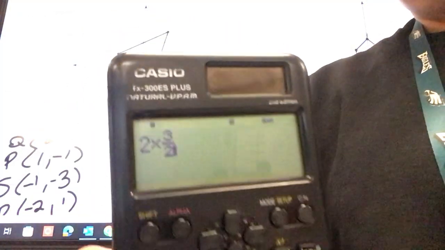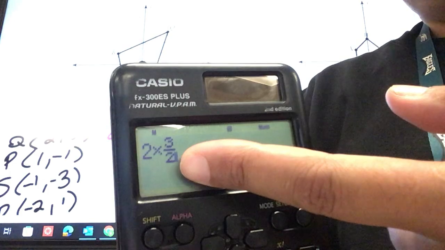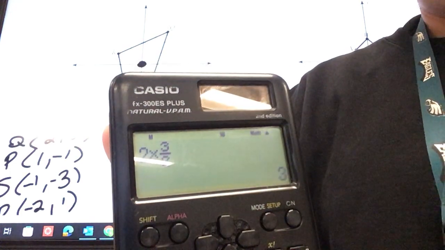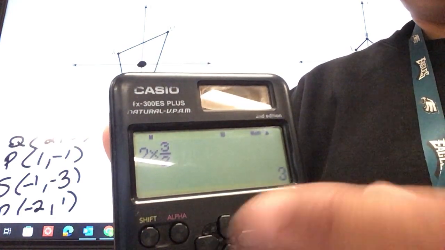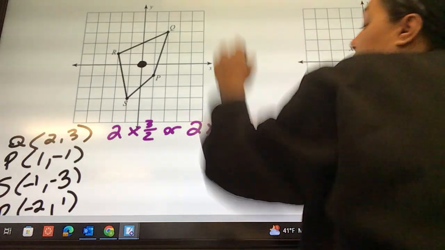You have to make sure that the fraction is off to the side, so I would almost say do the decimal. When we hit equals, whether I'm using the fraction or the decimal, if you get another decimal, you hit SD, and that converts it from a fraction to a decimal. So for this first one, we got 3.